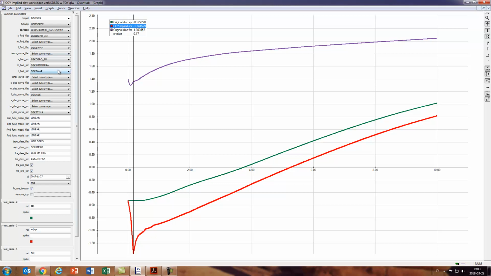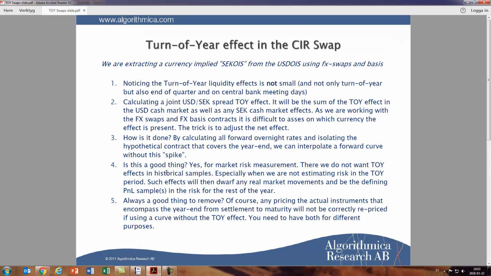So with this said, is this a good thing to do? Well, it's common practice to have smooth forward curves, and as such, obviously, it's a good thing. Especially in risk management, we don't want to have this turn of year effect in the historical samples when we calculate the historical value at risk, for instance.